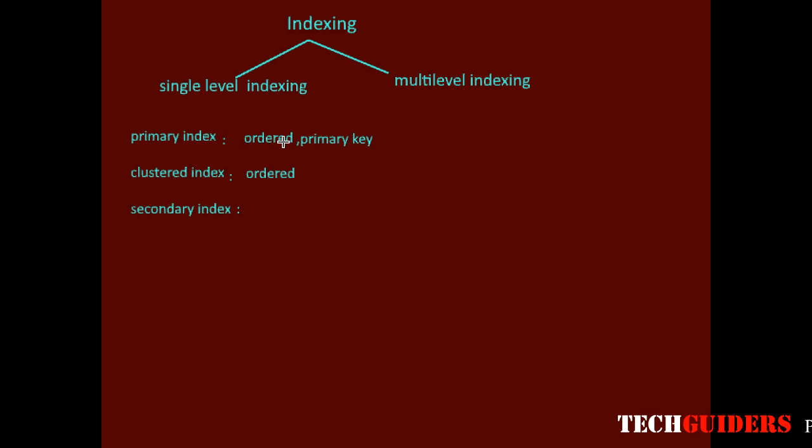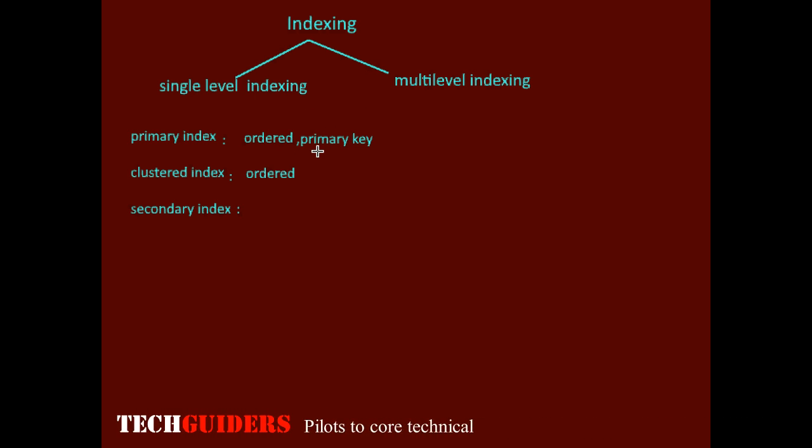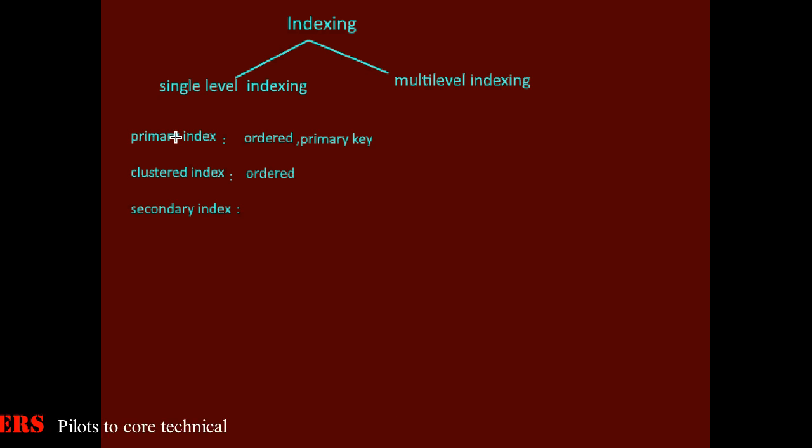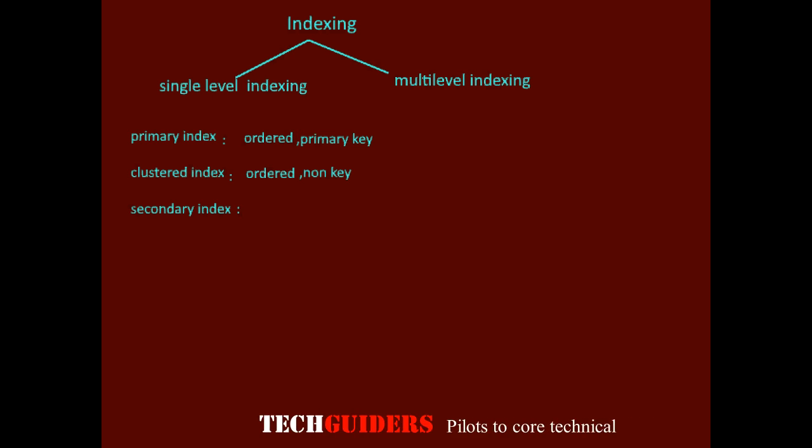That is, the file will be ordered based on the primary key, and this primary key itself will act as the index search key in case of primary index. And in clustered index, the file will be ordered based on some non-key, and that non-key field will be acting as the index search key in clustered index.